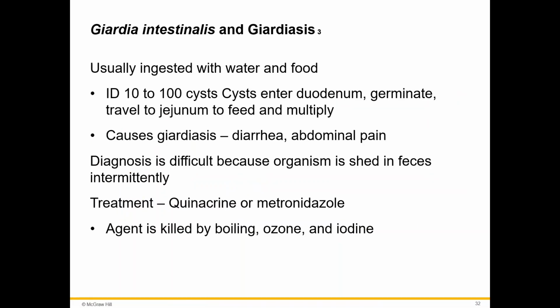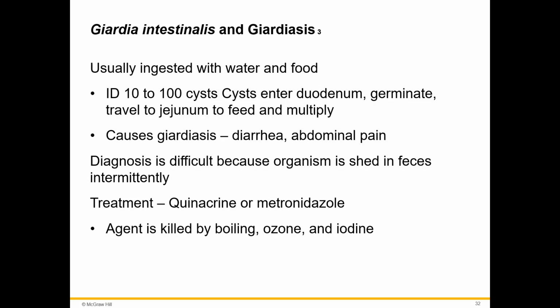Like I said in my example, you're going to ingest these through contaminated water and food. You can ID this by seeing a bunch of cysts. They can enter the duodenum, germinate, and then travel to the jejunum to feed and multiply.